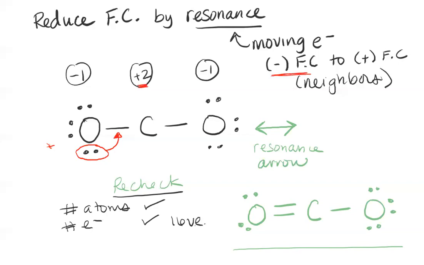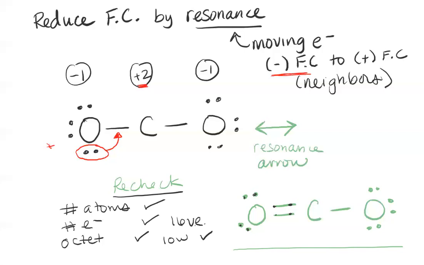If you go through and count up all the electrons, there's 16 valence electrons there. I check the octet, okay? So the oxygen has 1, 2, 3, 4, 5, 6, 7, 8 electrons. So oxygen's okay. Carbon is low, and my other oxygen's okay. It also has 8.